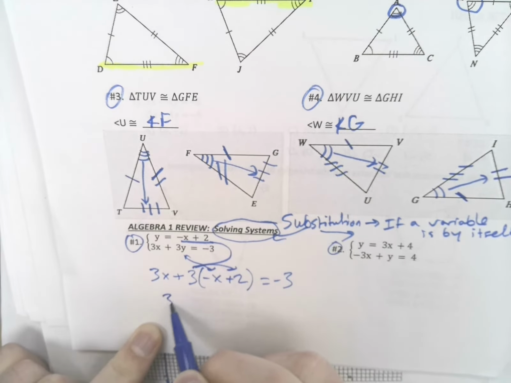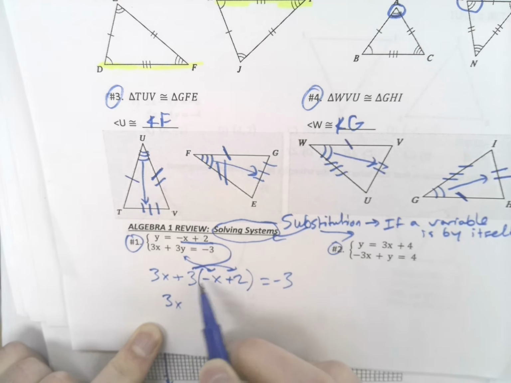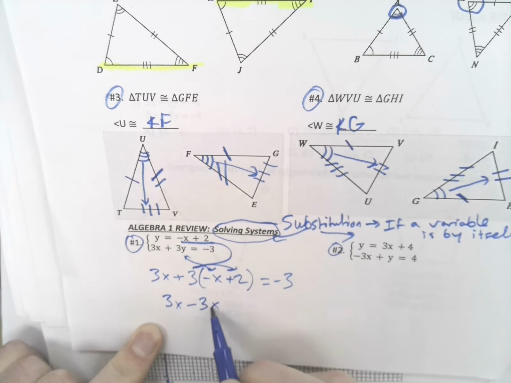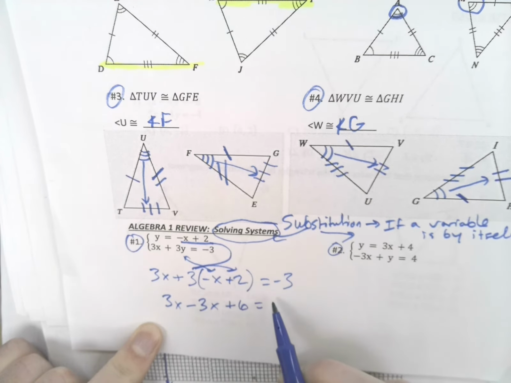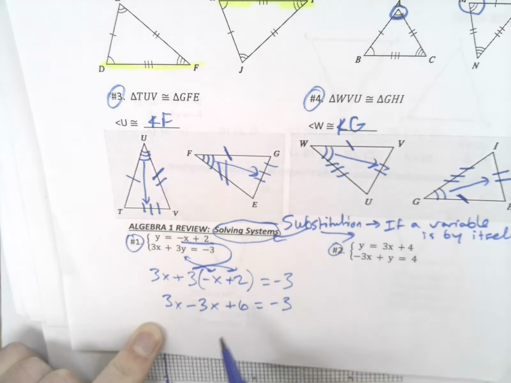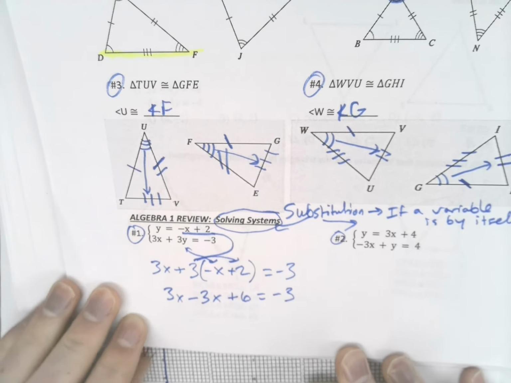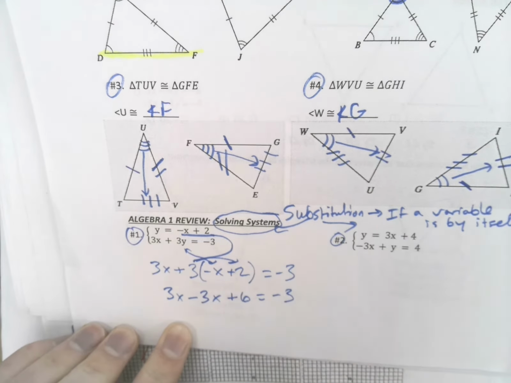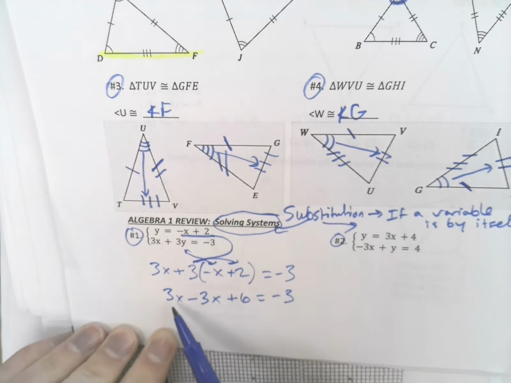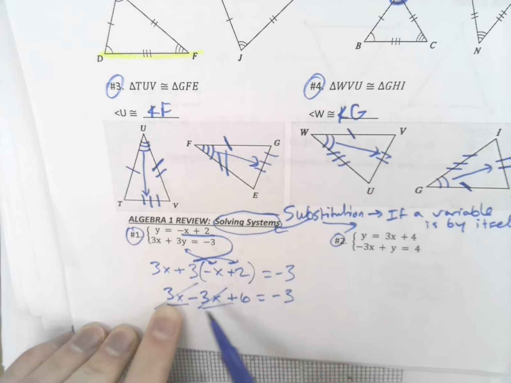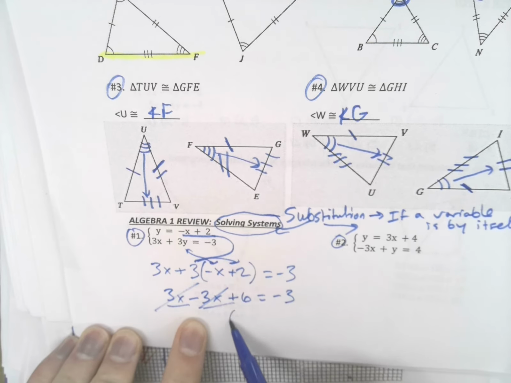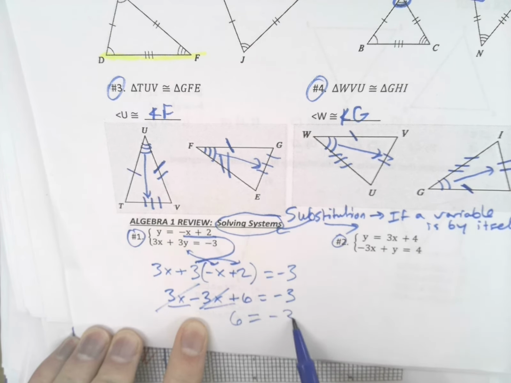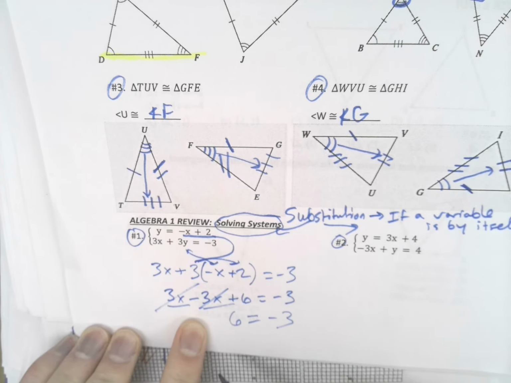Redistributes 3x. 3 times negative x would be negative 3x. 3 times 2 gives us 6 equals negative 3. And this is going to be interesting. 3x and negative 3x, those subtract out. They subtract with each other and cancel, and you're left with 6 equals negative 3.